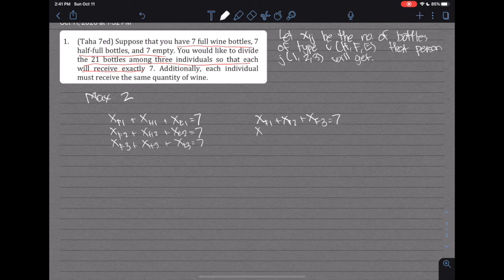The number of half bottles is xh1 plus xh2 plus xh3 is equal to 7. And xe1 plus xe2 plus xe3 is equal to 7. That is the number of empty bottles available.